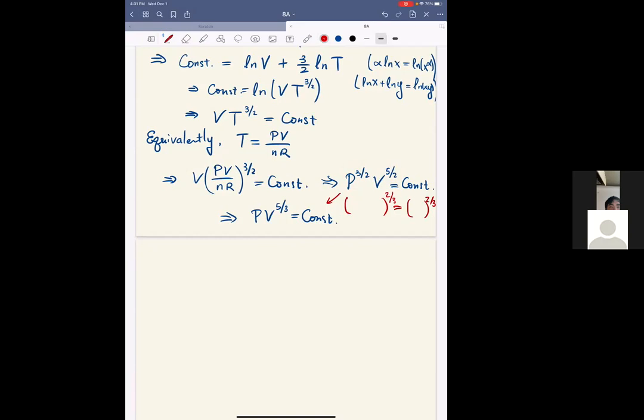So we look at this and take the exponential to 3 over 2, and we get this one. So we have got two equivalent descriptions of an adiabatic process.